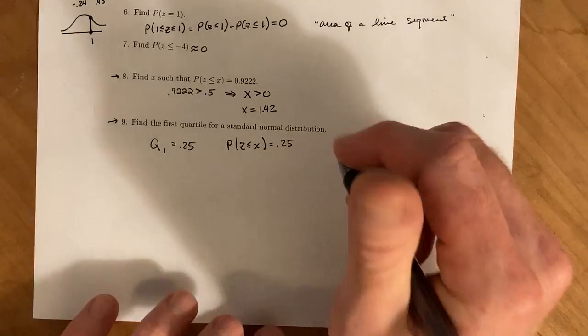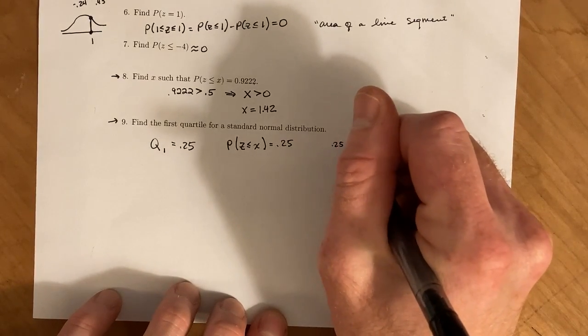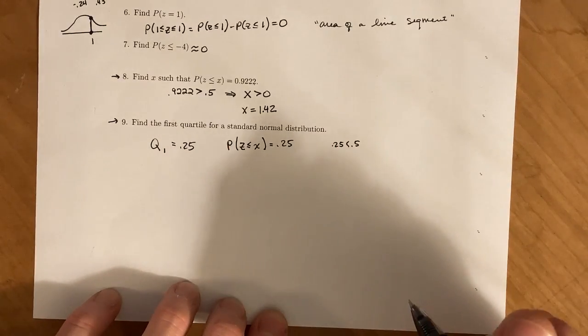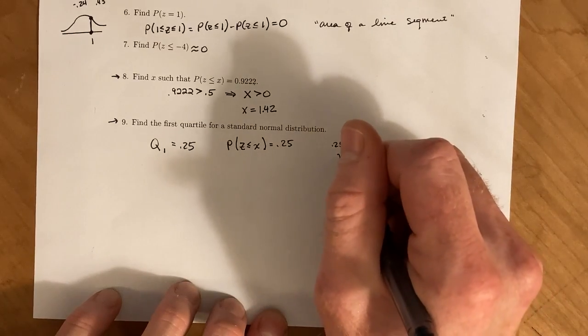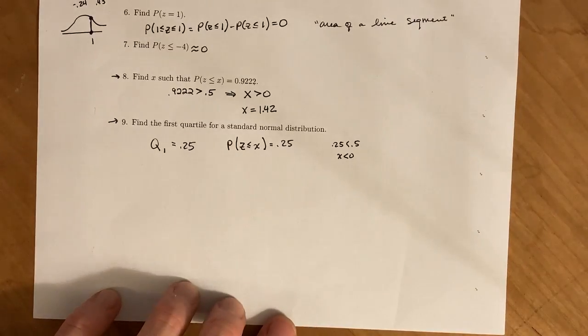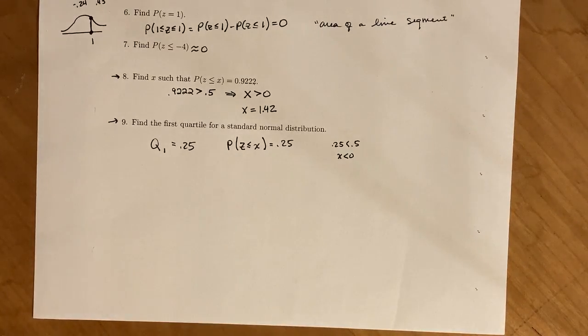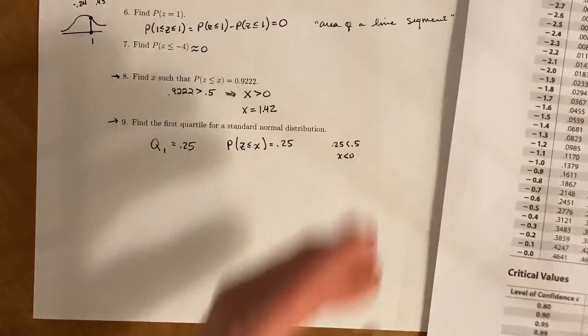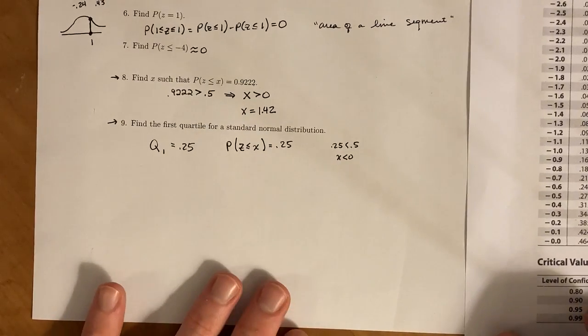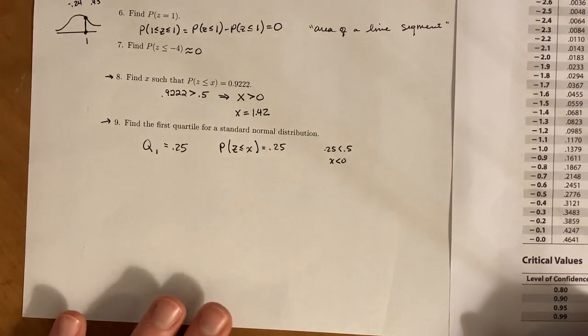Now again, because 0.25 is less than 0.5, we know that x has to be a negative number, right? Because less than half of the area is to the left of that x value.